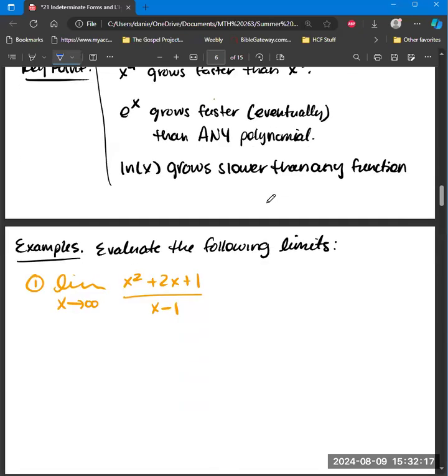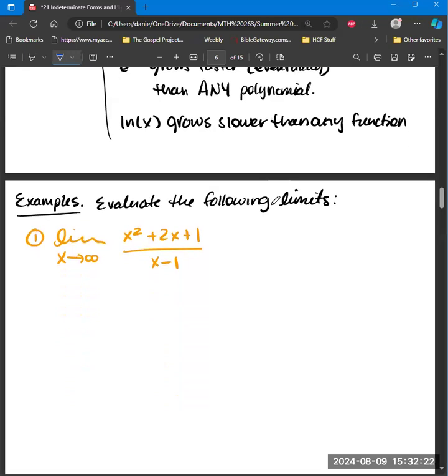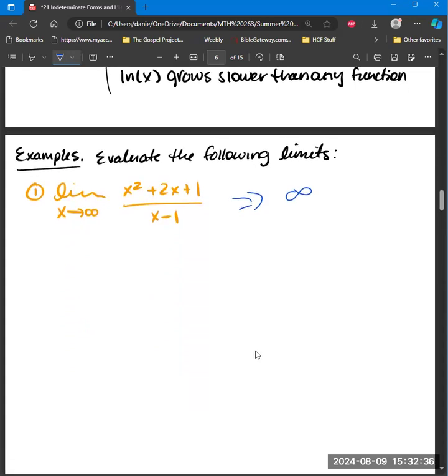So evaluate the following limits, and we can just use this big idea here to say that x squared is bigger than x, so we know that this has to go to infinity. So that's our expectation. Let's prove it now with L'Hopital's rule. If we would evaluate this, we would say that this is going to infinity over infinity, which is an indeterminate form. And we're going to use L'Hopital's rule.